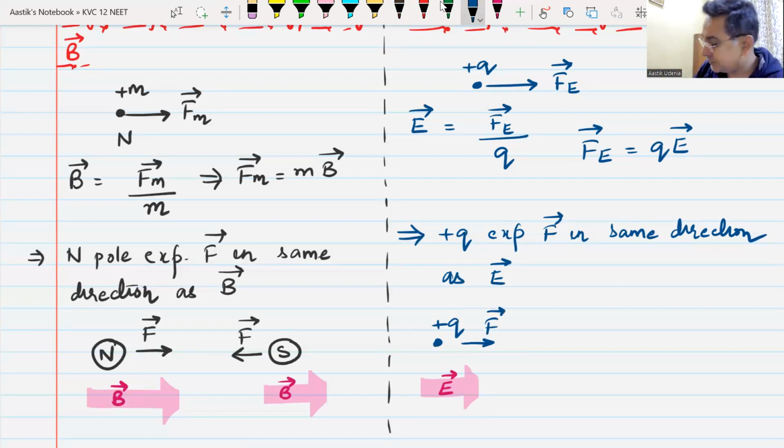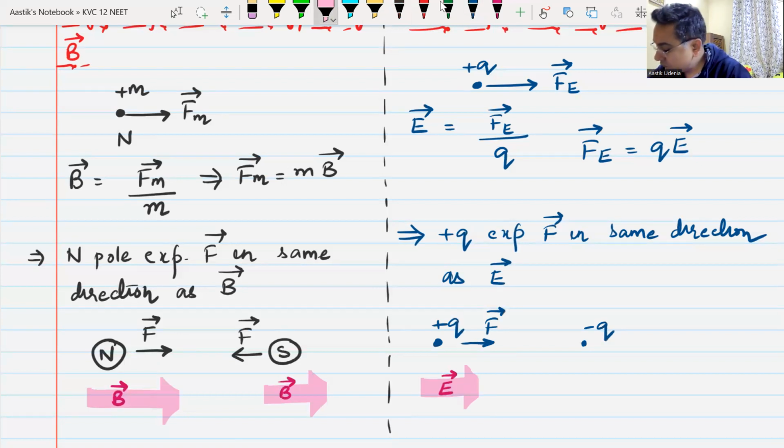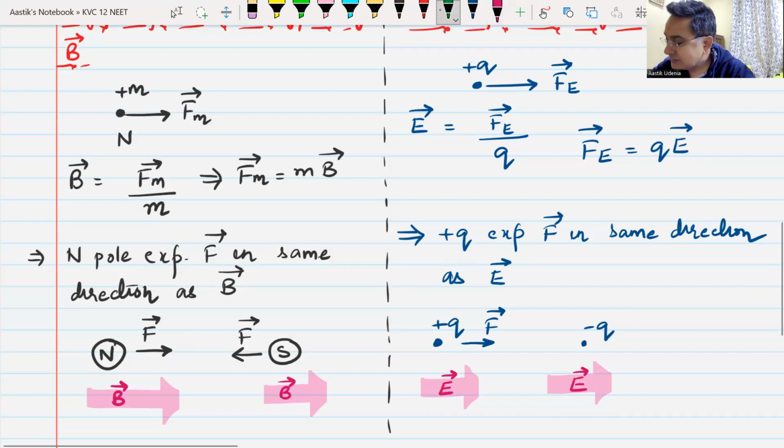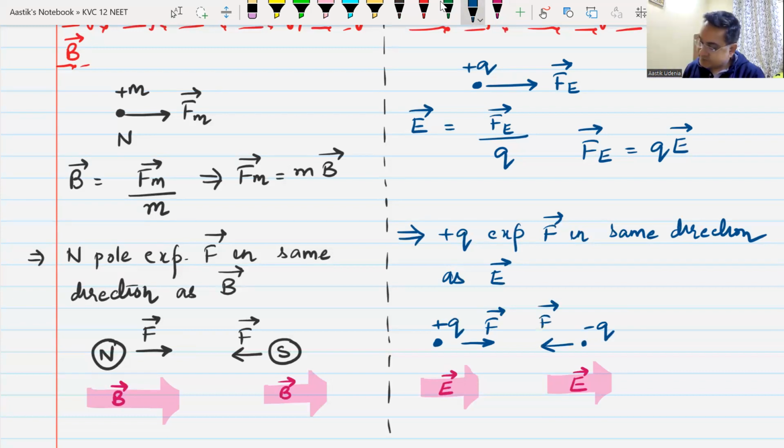Electric force we will call it. If I have a negative charge minus Q and I have an electric field in this direction, this charge will experience force in the opposite direction.